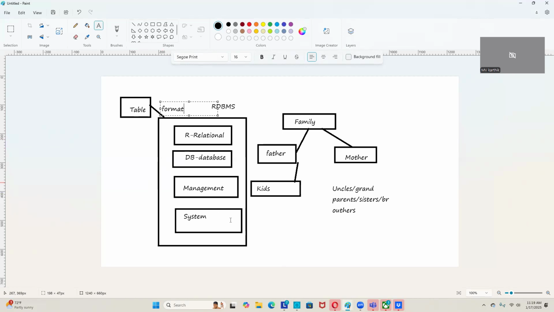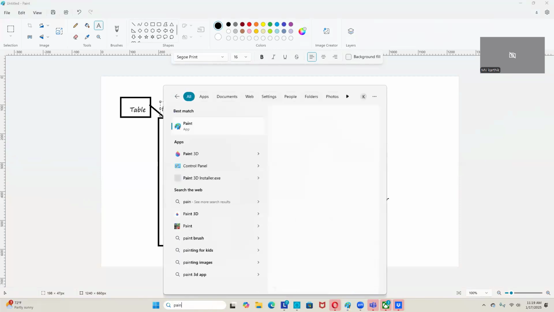Why we need relational manipulation, I'm going to explain in the join scenario.